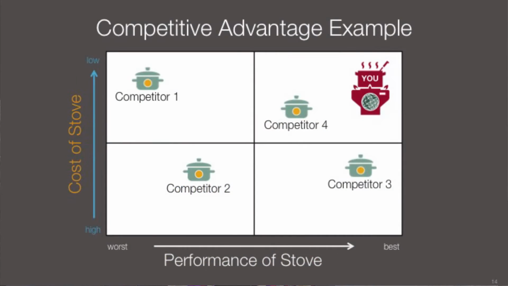Here it's performance versus cost, but it could be ease of use and cost, or whatever characteristics that you want to compete on. You put these on the X and Y axis. Now, when you do this, you always want to end up in the top right-hand corner. And so just lay out the matrix so that you basically win by being in the top right-hand corner.